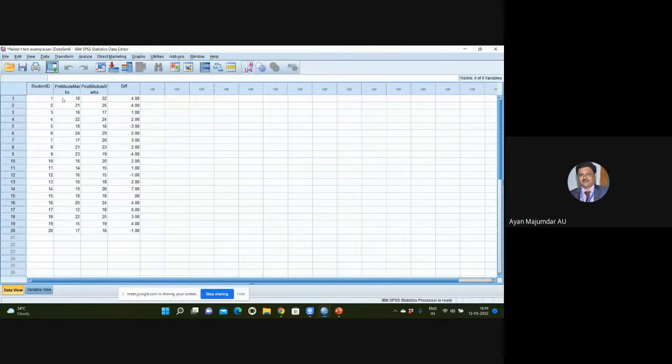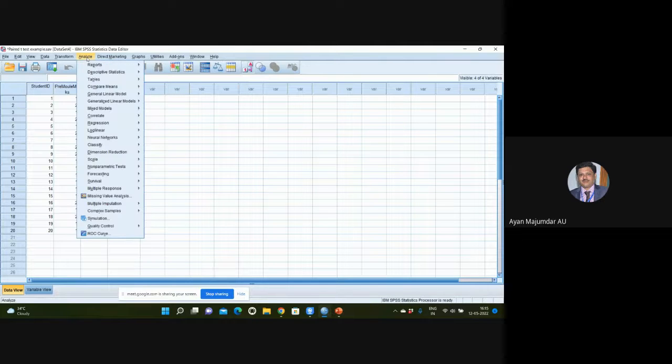Now, this same example, same result, you can get it another way also. Here, we have used the paired t-test, pairing pre-module marks and the post-module marks, and we have generated a difference variable.